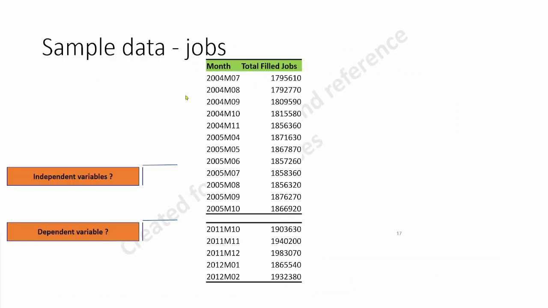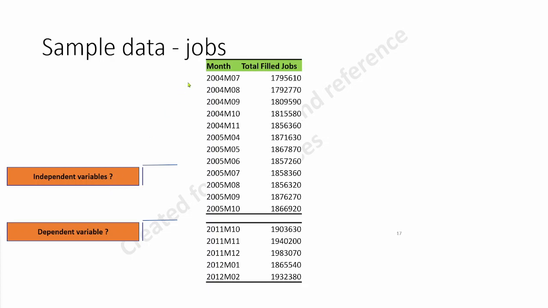This is interesting here, with the month and the number of jobs filled in that particular month. So what would be dependent and independent? You can pause the video and think about it.